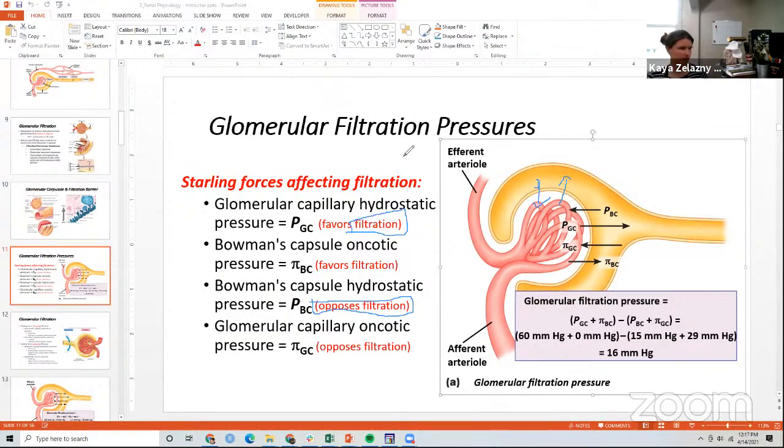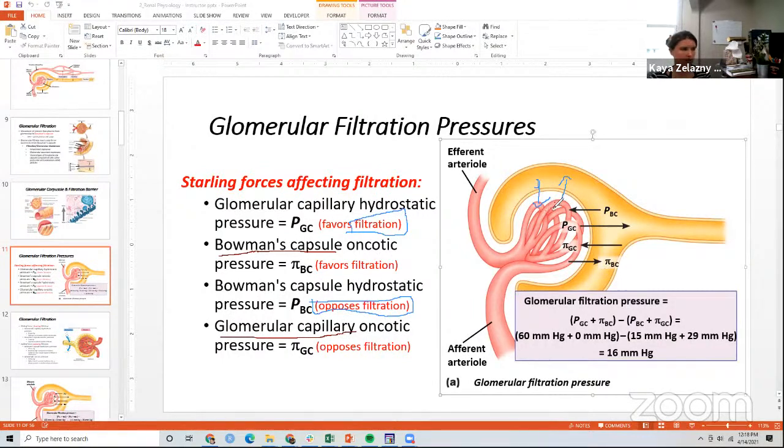All right. So the oncotic pressures, our other two: we have one from the glomerulus, the glomerular capillary oncotic pressure, and we have a Bowman's capsule oncotic pressure. These are our pulls. Whenever we have a hydrostatic pressure, it's a push. When we have an oncotic pressure, it's a pull, the pull of proteins dissolved in here.